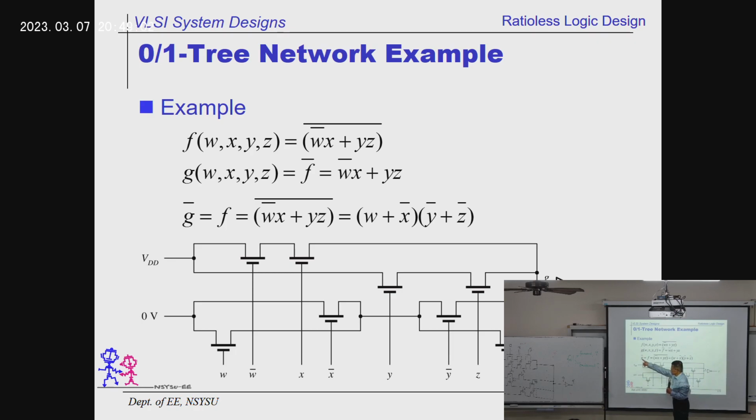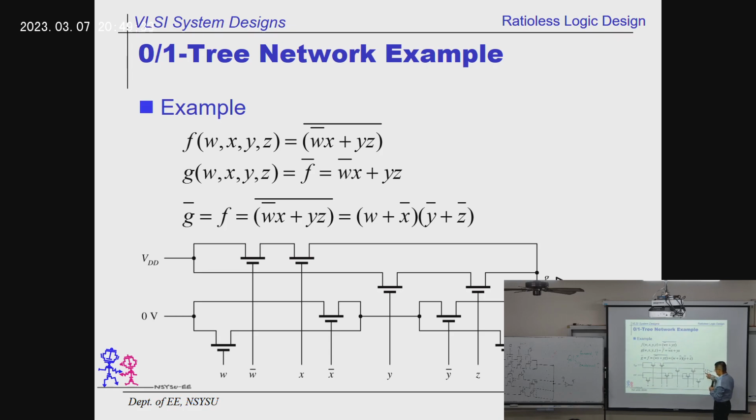The path for the 0 is the inverse of this one, which is exactly the same as F. So that is W plus X bar. W, X bar. See that? These are these two terms, and they must be in series. Y bar and Z bar are in parallel. Then this is the pull-down network. Both of them go to the same node, and this is the output.